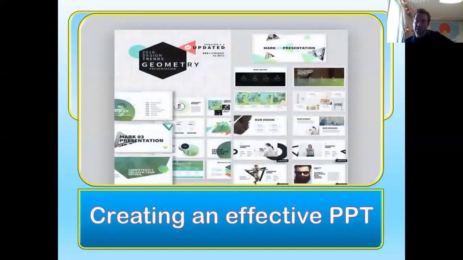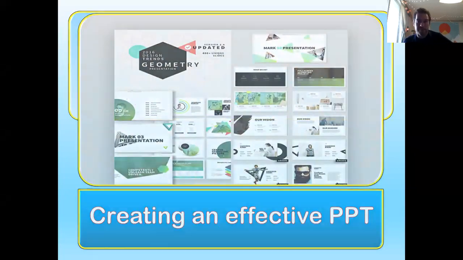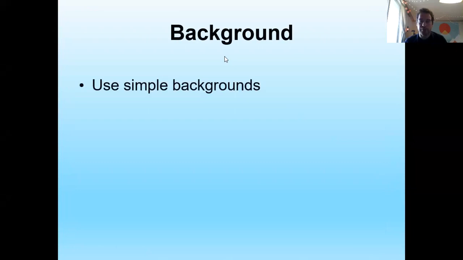Okay, creating an effective PowerPoint presentation. Let's begin. So let's start with the background. The background is this part that's behind the image. It's light blue. For the background, use simple backgrounds.